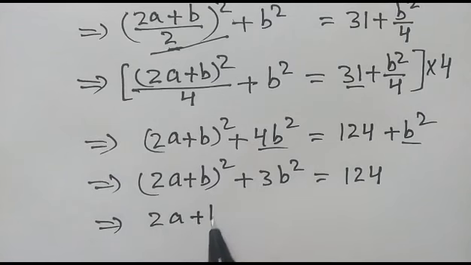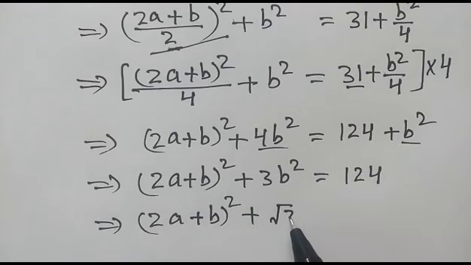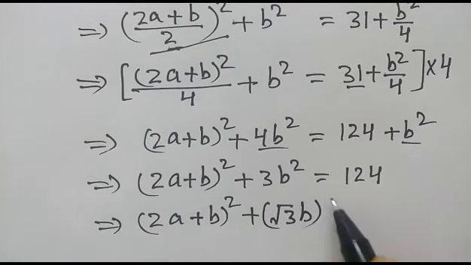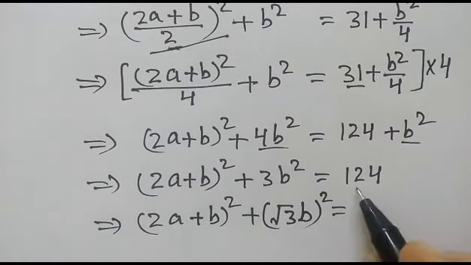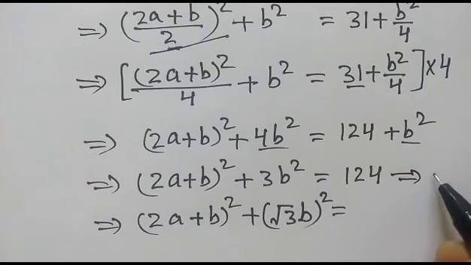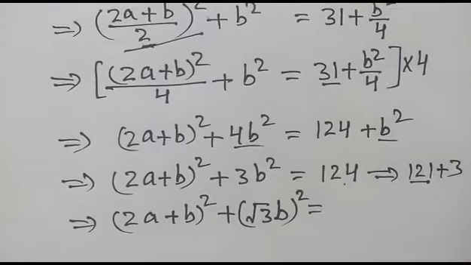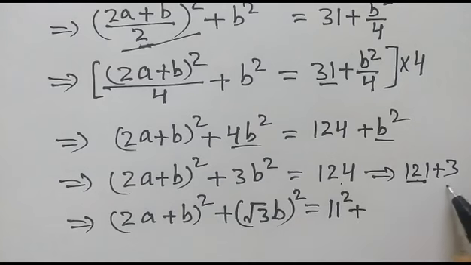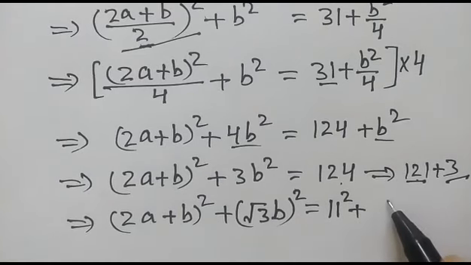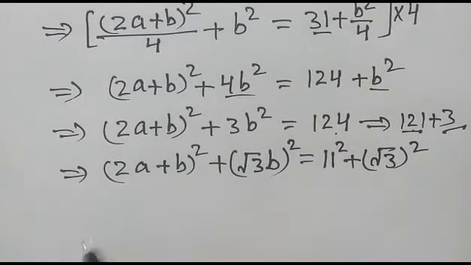Now (2a plus b) whole square plus (square root of 3 b) whole square, right, is equal to, we can write 124 as 121 plus 3, right? So 121 is 11 square, plus this 3 can be written as root 3 square, right?